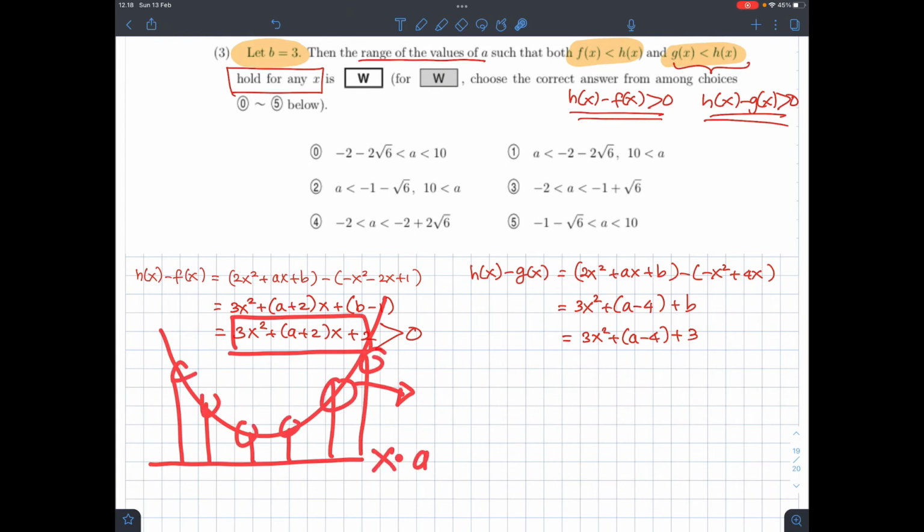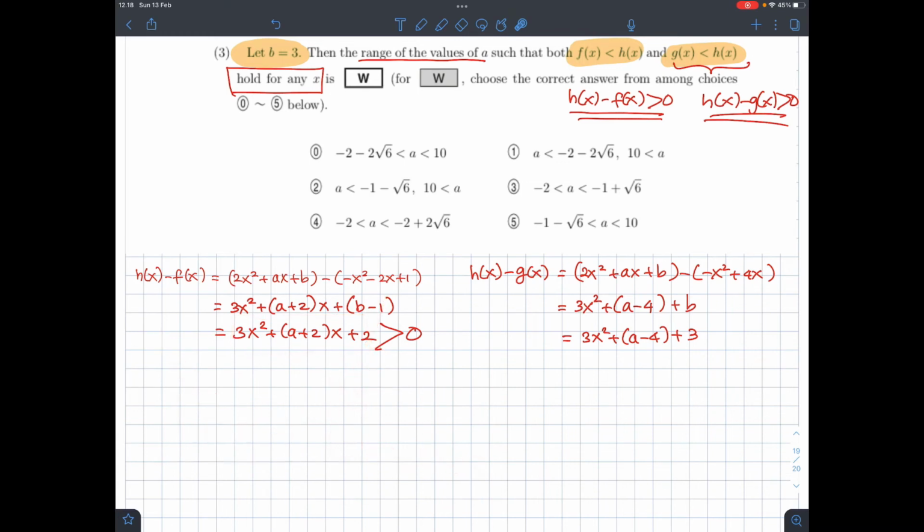Or above the x-axis. This is the x-axis. It can only happen when the discriminant is negative.